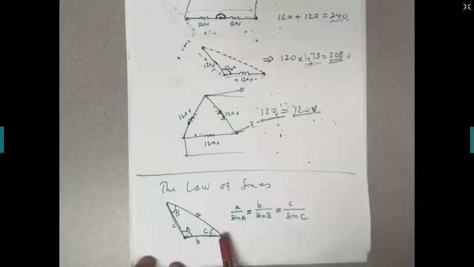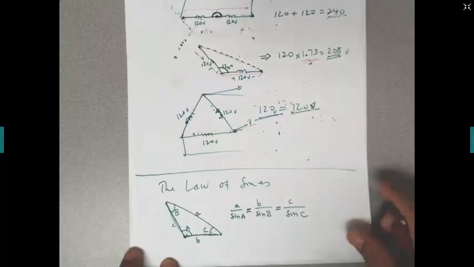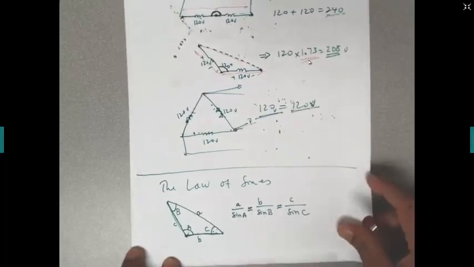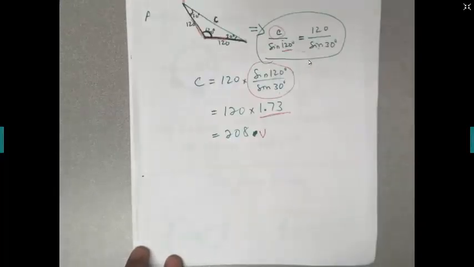So if I'm looking for this distance right here, this magnitude, and I know this one and that one and their opposite angles as well, I can find it just by applying this equation, using two of these factors.